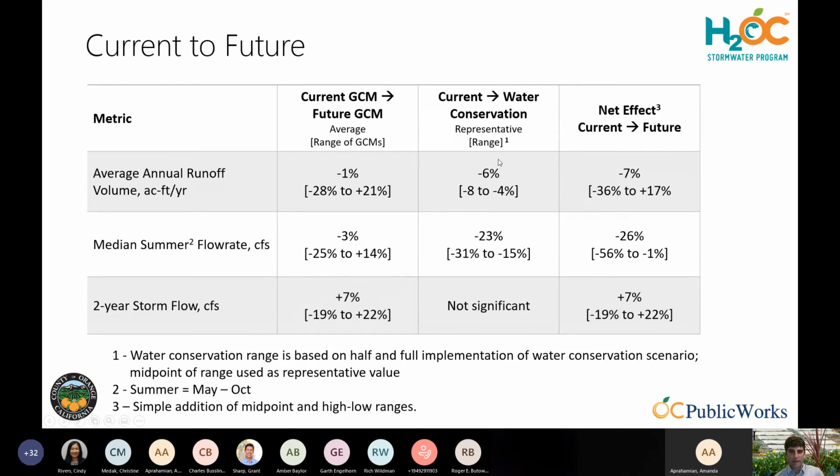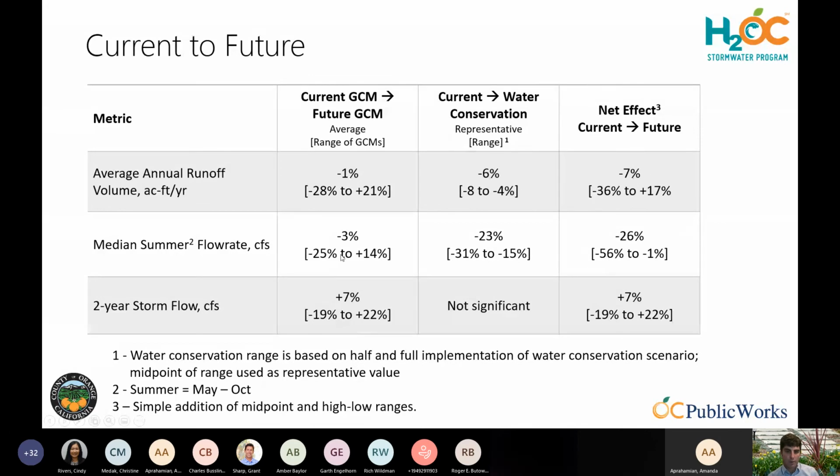So we took 6% as a more realistic sort of projection so that we don't artificially weight this on the upper limit of everything. So in terms of average annual runoff volume, we see the potential combination of these two could span zero here, but is more likely to be negative.